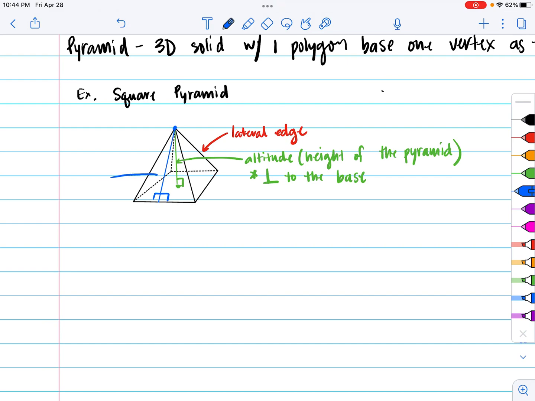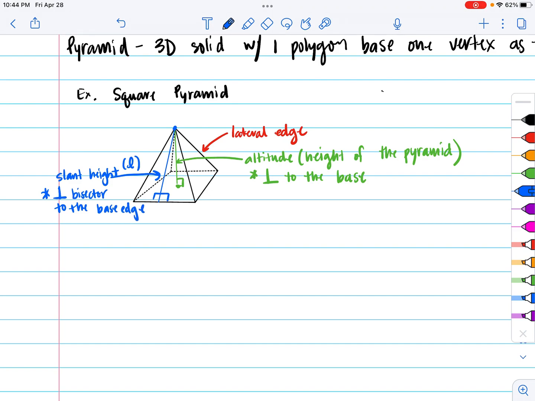The blue line is what we call a slant height, and we use the letter L. I'm going to make a cursive L to make that clear. What this does is it is a perpendicular bisector to the base edge. So this is also a star to the base edge.